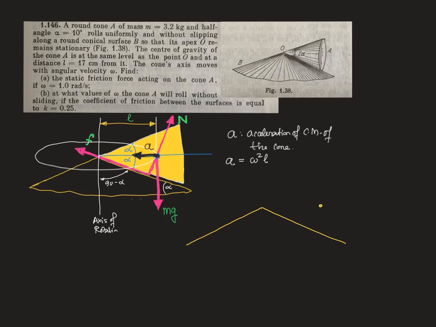Here I am drawing only the center of mass of the cone and the forces. Later on I will resolve these forces. So this is force N, this is force mg, and I draw through this point itself the frictional force F. Now let's resolve N into components and also resolve the friction force into its components.